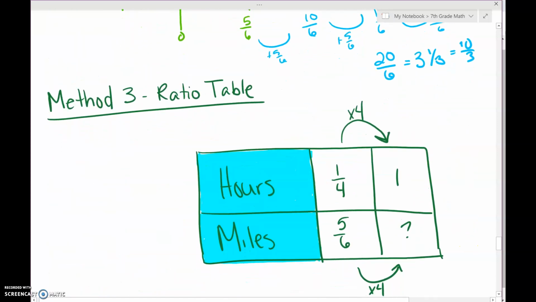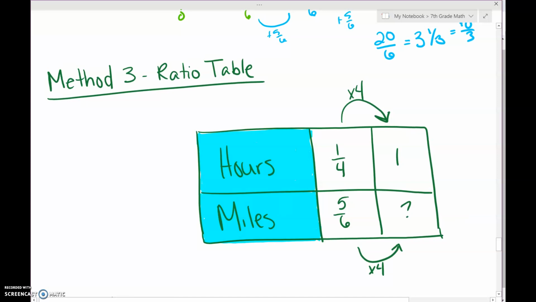A ratio table. Well, in order to get to 1 hour, I have to multiply by 4. Because remember, 1/4 times 4. 4 times 1 is 4, 4 times 1 is 4, that becomes 1, because I can cancel out the factors and get 1 over 1. 5/6 times 4.